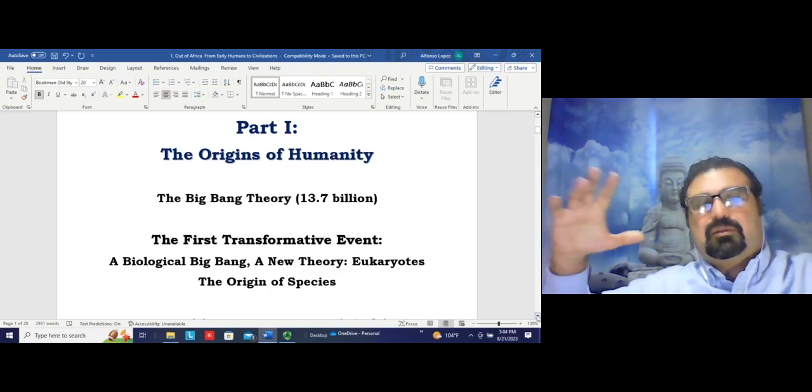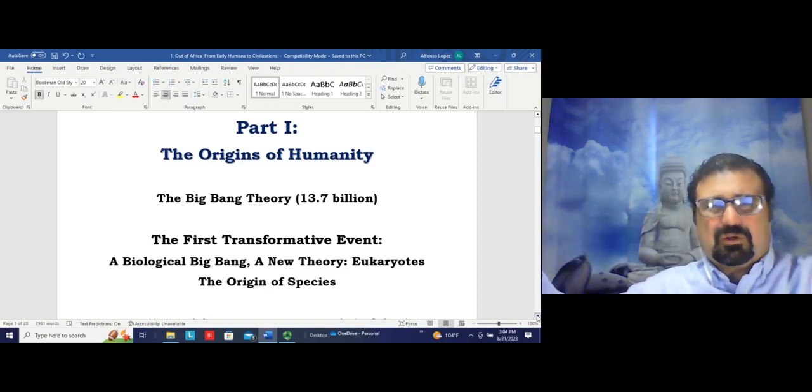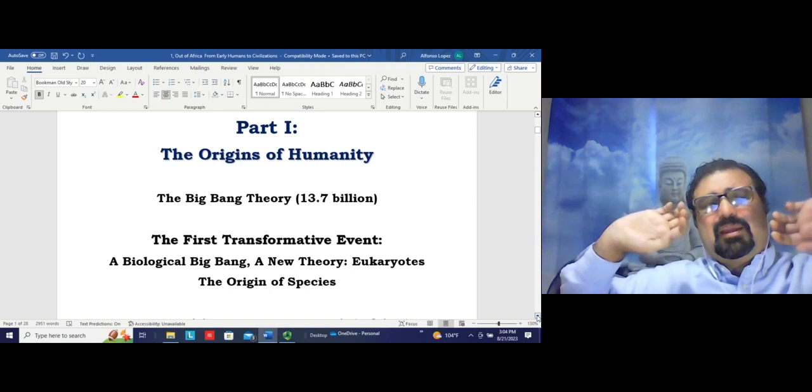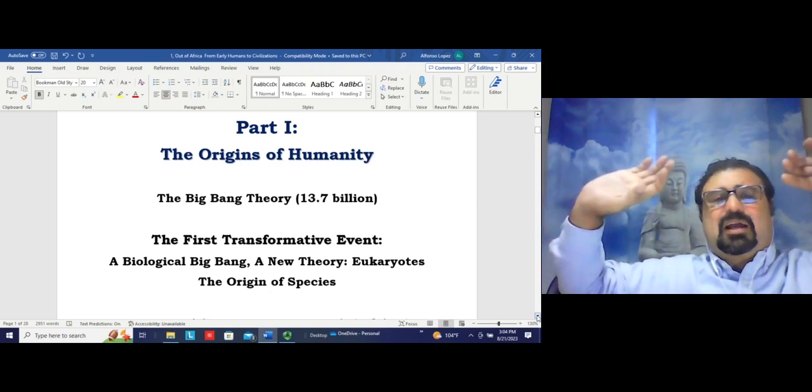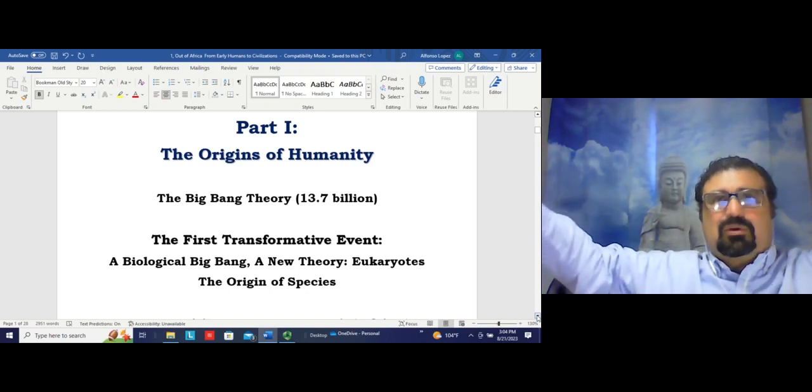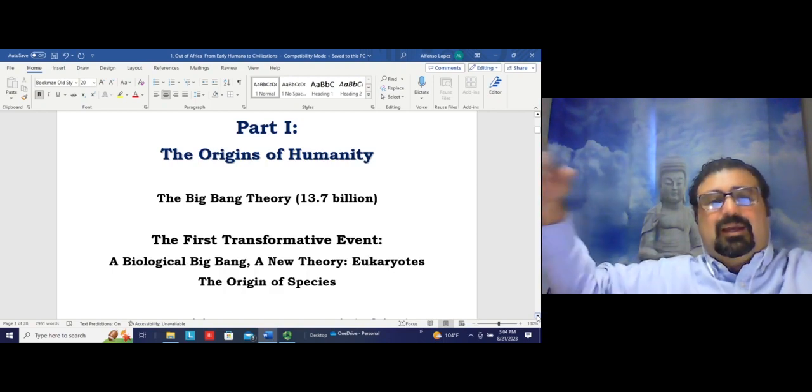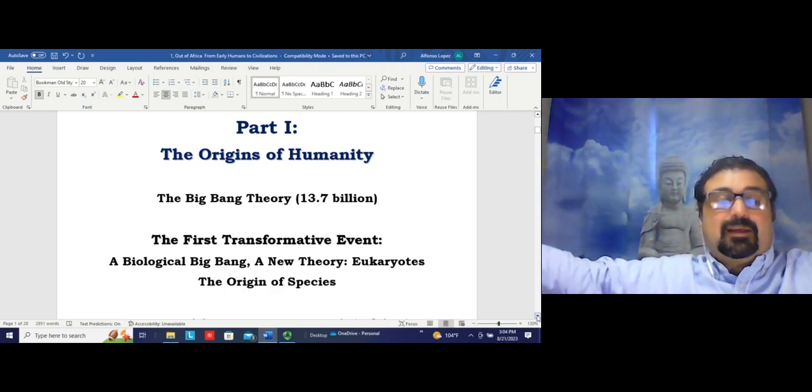And what the Hubble telescope was able to detect is that many stars and galaxies are actually moving away from us. In other words, as if there's a ripple effect and the universe is actually expanding.